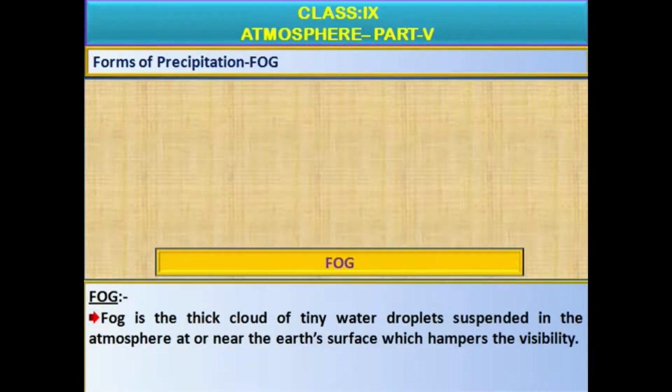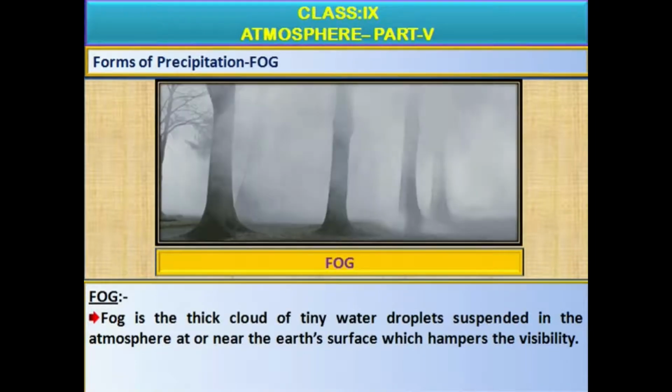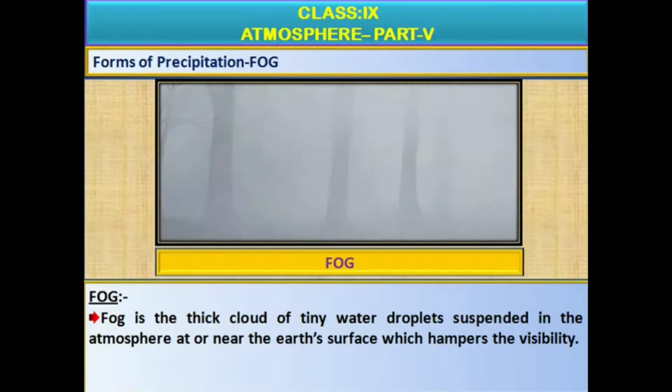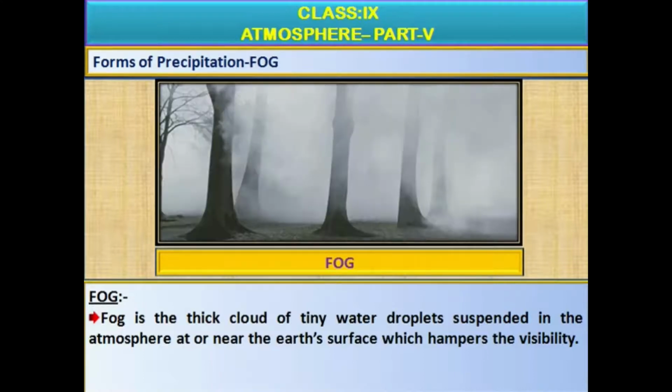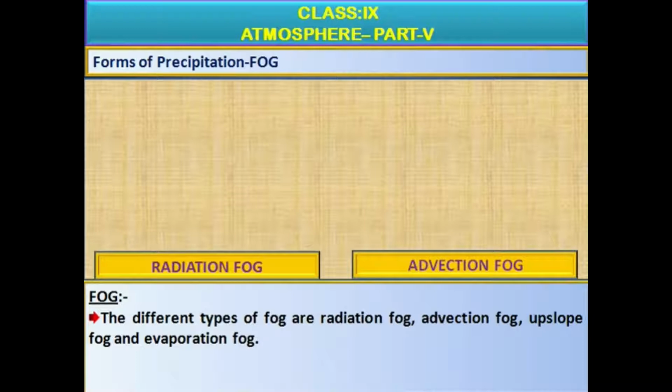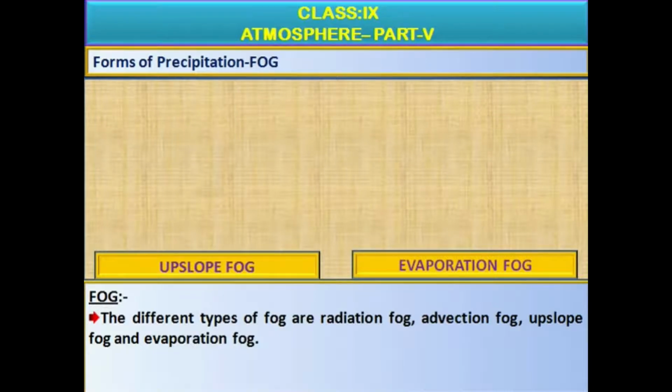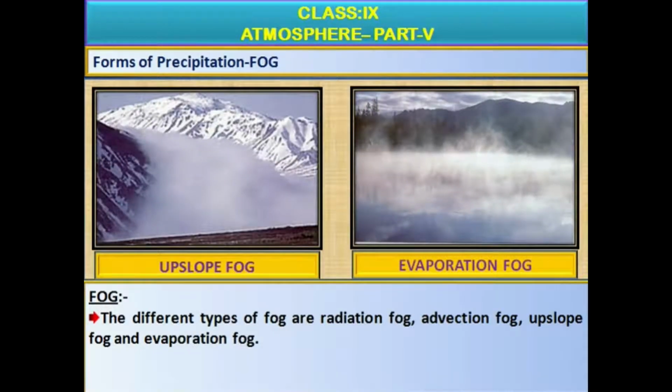Now let us learn about fog. Fog is a thick cloud of tiny water droplets suspended in the atmosphere at or near the earth's surface, which hampers visibility. The different types of fog are radiation fog, advection fog, upslope fog, and evaporation fog.